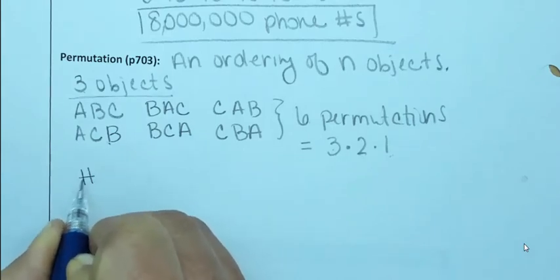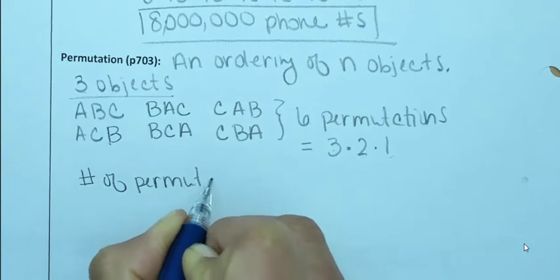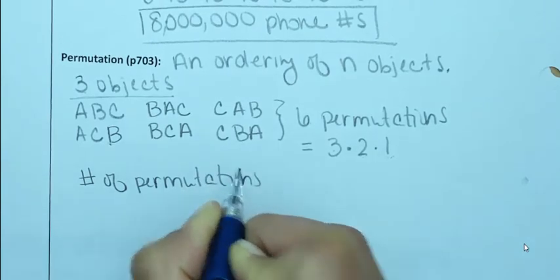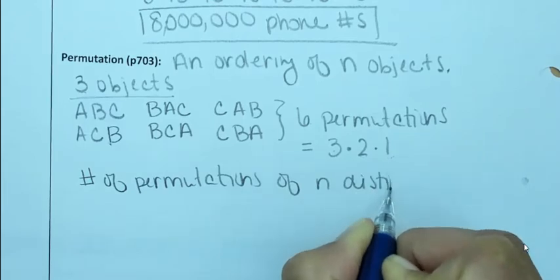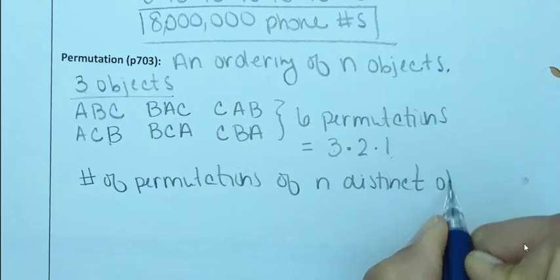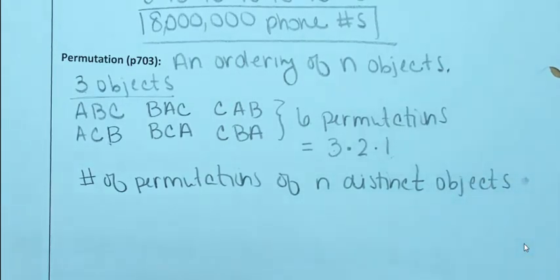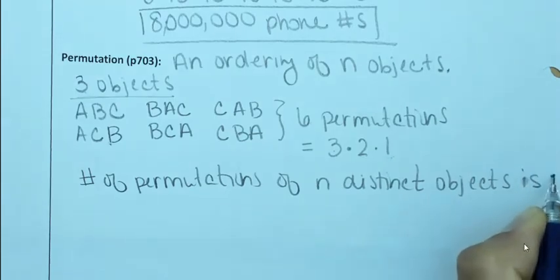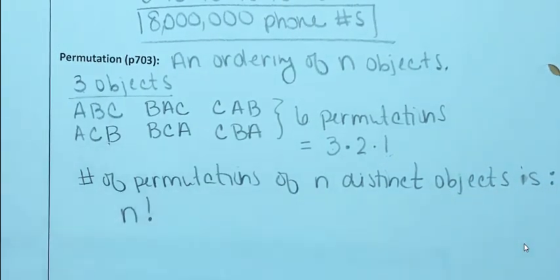So the number of permutations of n distinct objects, so they have to be distinct, they can't be exactly the same, is n factorial.